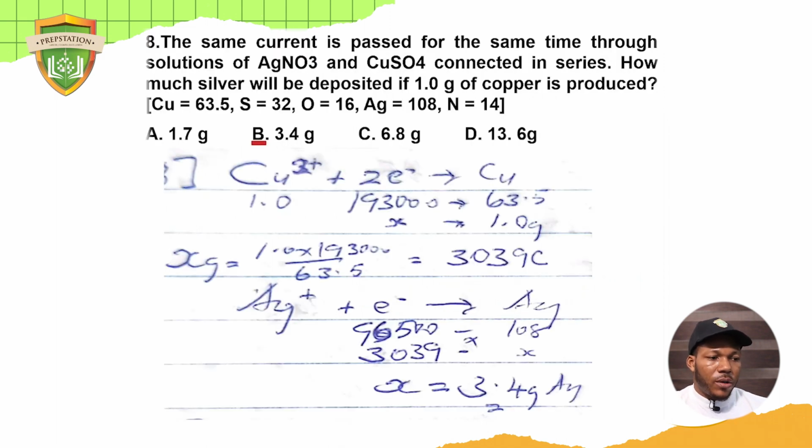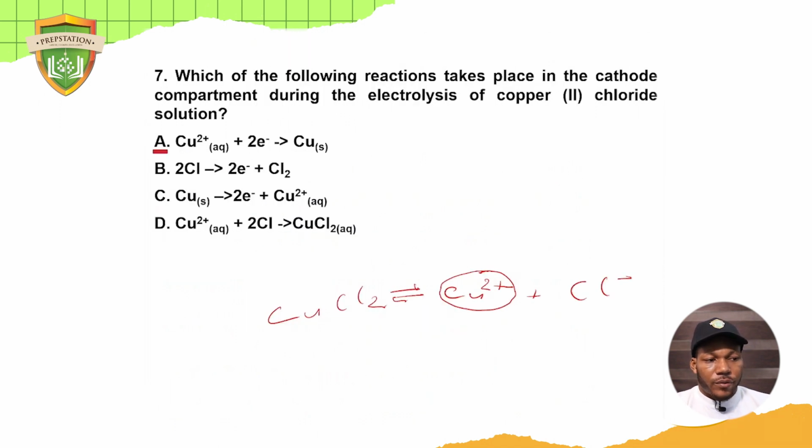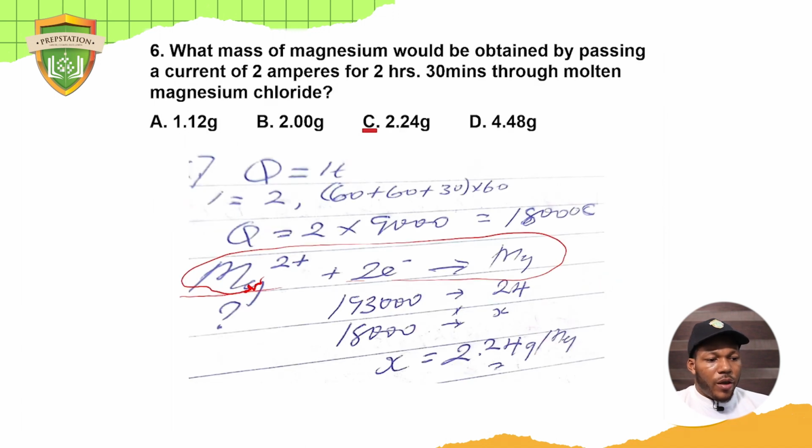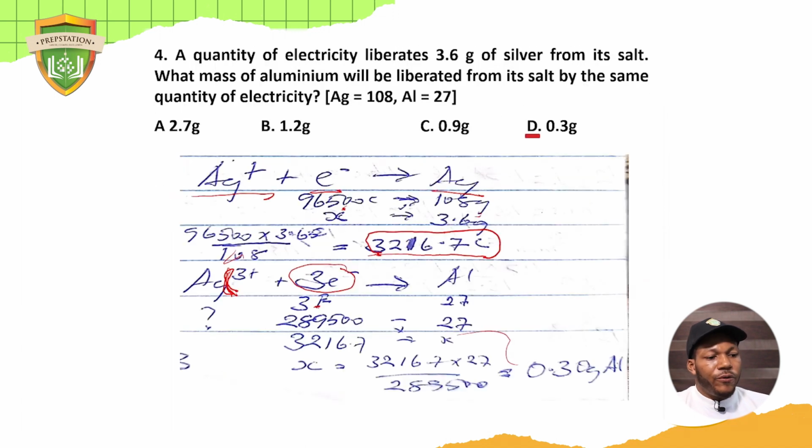The next question is number 8. The same current is passed for the same time through solutions of silver nitrate and copper 2 sulfate connected in series. How much silver will be deposited for 1 gram of copper? If you check question 4, there is no difference from question 8.